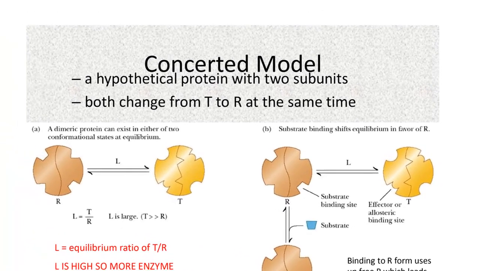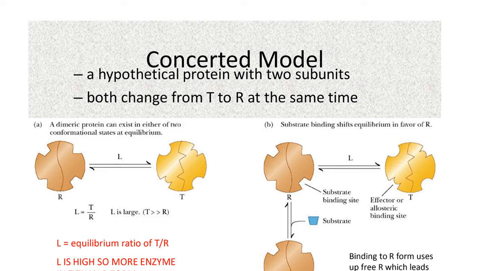Here you can see that you've got this dimeric protein. This is the T state. This is the R state. For whatever reason, the old book used L, instead of the K we're used to seeing. I don't know why. This is an equilibrium constant, so I will never use L on mine.